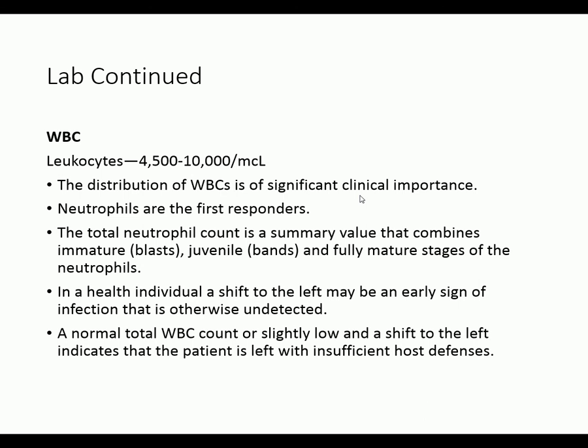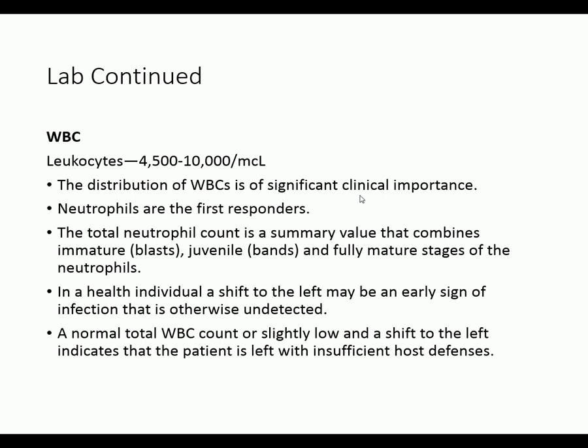Okay, the total white blood cell count increases, but the rise is due to the proliferation of juvenile cells. This is called a shift to the left, and it needs to be reported to your healthcare providers. In other words, there are too many juvenile and immature blast cells in the circulation. They are not going to be able to fight off the infection. All right?